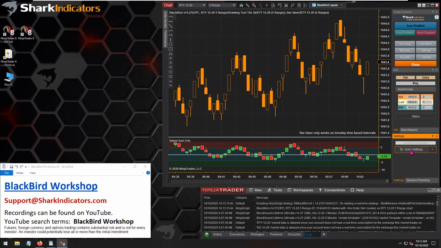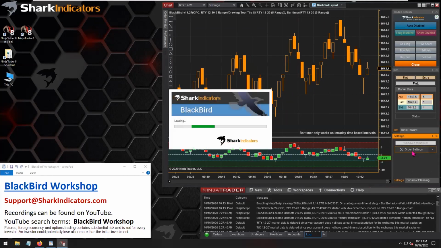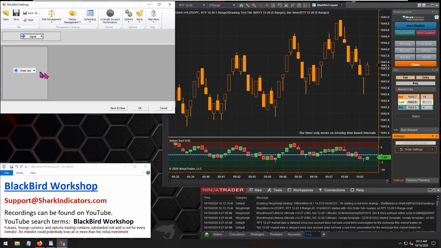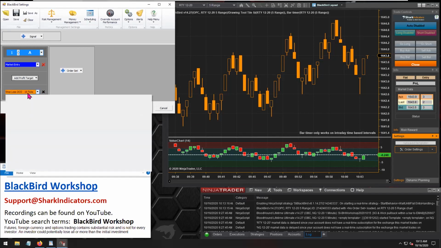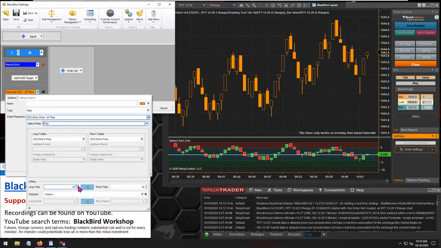Let's open up the order settings window down here and create a simple order. The focus is on the stop loss. To exaggerate the illustration, I'll set it way out to a 30 tick stop loss to start with.